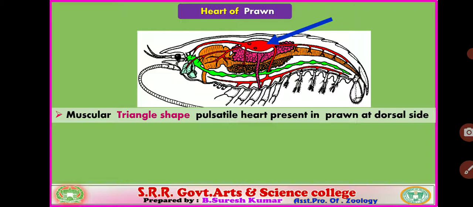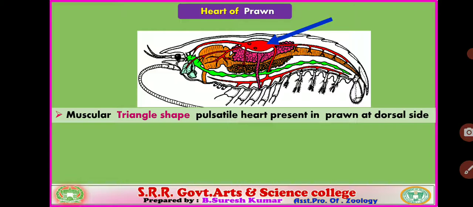It pumps the blood like higher animals, and as well it receives the blood. So it is a pulsatile structure. Pulsatile means it shows what? Contraction and relaxation. Followed, like higher animals' heart. So it is triangular in shape and a pulsatile heart. The wall includes what? Muscles, and it is placed in the thoracic cavity at the dorsal side.